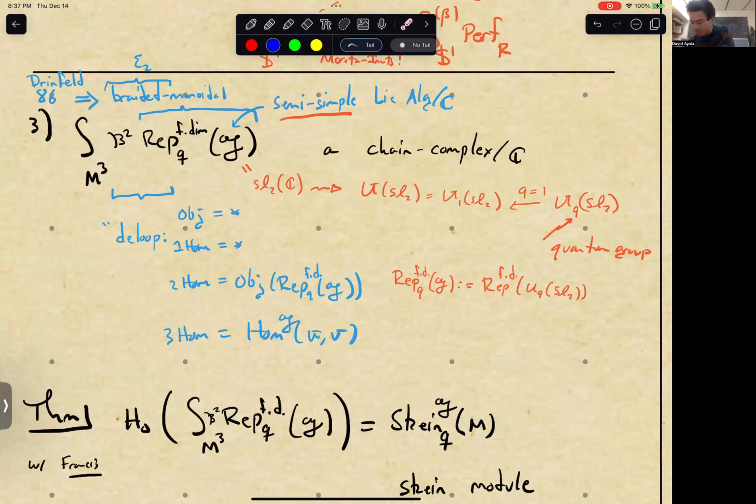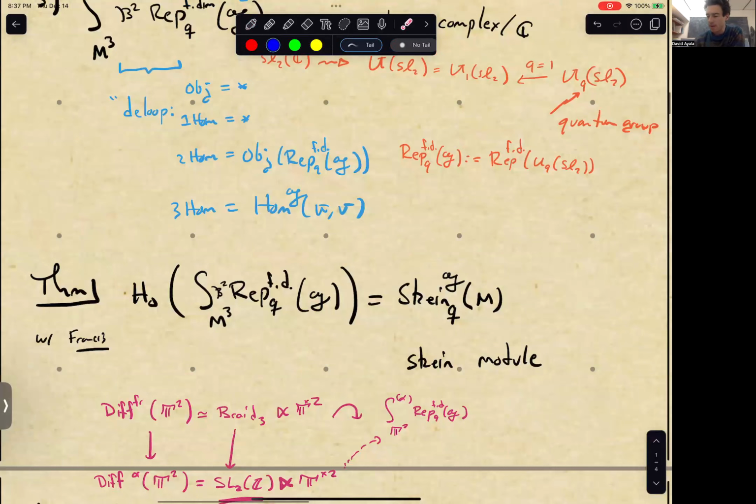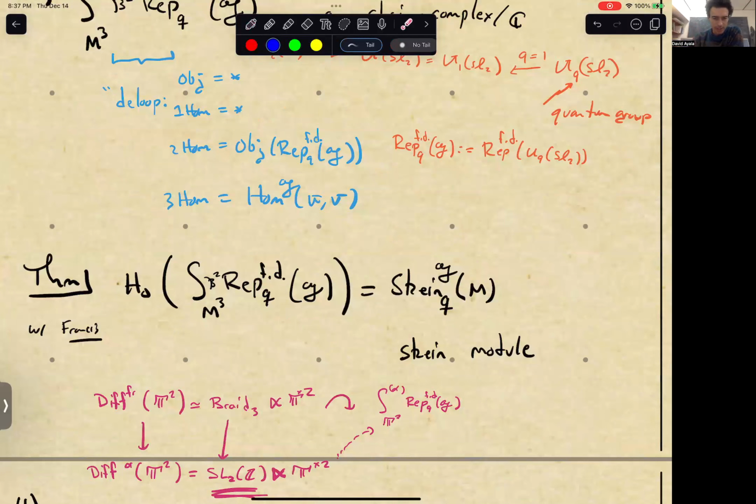Thanks for this question. Is q generic or a root of unity? Thanks for that question as well, and that's definitely generic. Semi-simplicity is super important here for the rigidity assumptions that are bound up.